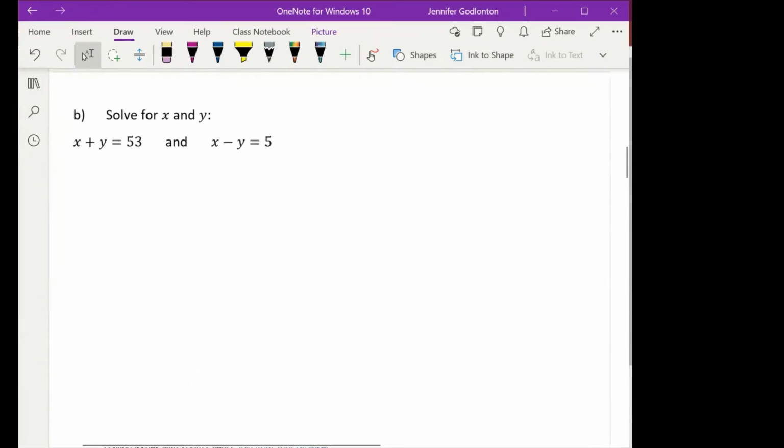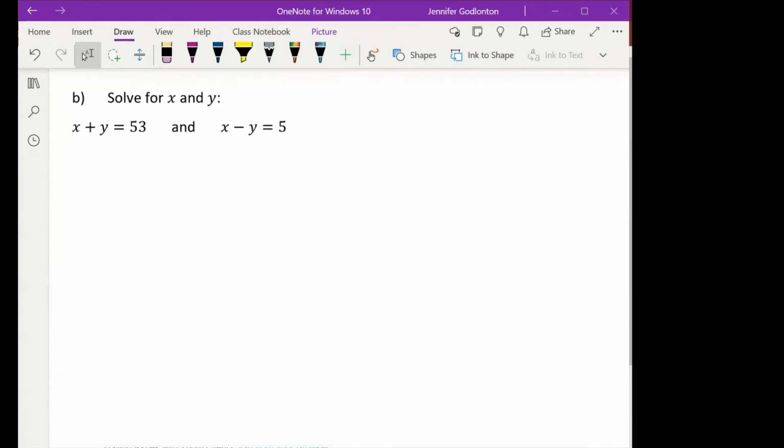Okay, let's try and go through the one. I'll talk you through this one, and then I'll let you try the next one. So, substitution method, we want to isolate a variable. Again, remember you can choose x or y, it doesn't matter. So let's say I'm trying to choose x over here. I'm going to isolate my variable. x is equal to 53 minus y.